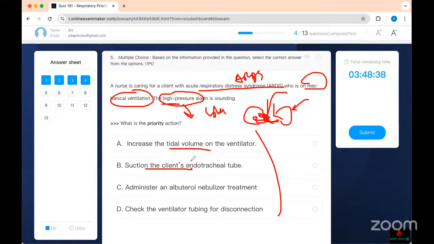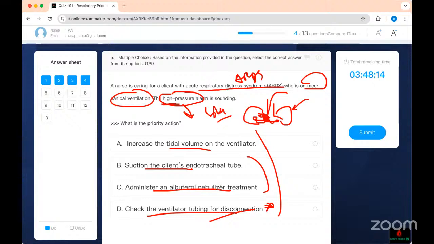Suctioning the client, what do you think? Giving them albuterol, what do you think? Checking the tube for disconnection. Once again, high pressure alarm is blockage. Checking for disconnection will give you low pressure alarm. Therefore, this is out. Albuterol can help with bronchoconstriction.